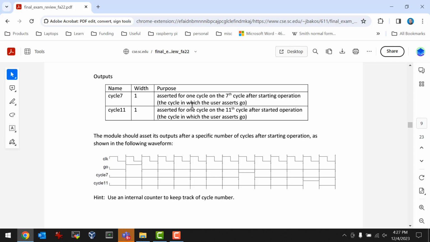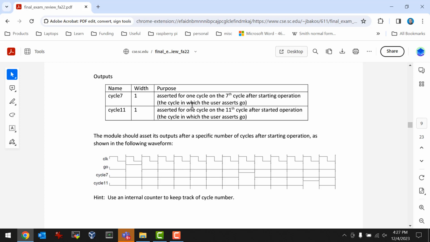So I'll say begin here, and then I'll also set, actually no, I won't even reset the count to 0 that way. I'll set count to 4'd0, and I'll set running to 0. End, sorry, no semicolon.